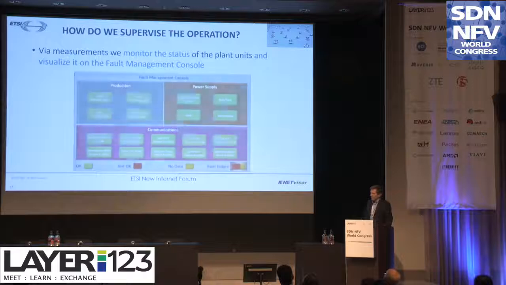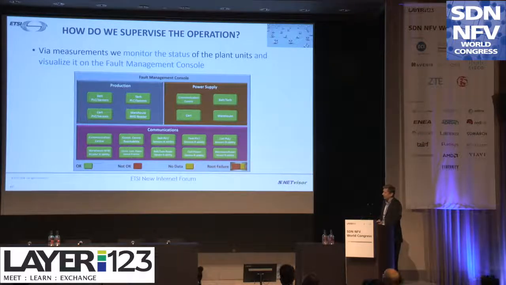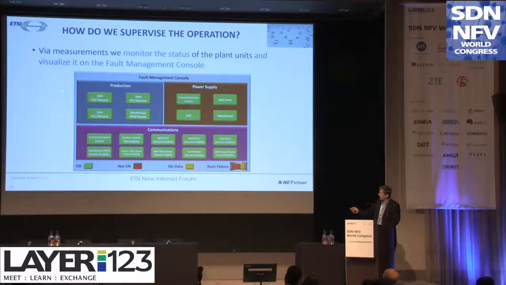How do we supervise the operation? Basically via measurements coming from our PVSR tool. We monitor the status of the plant unit and visualize it on the fault management console. So this is the screen of the fault management console and it consists of three subsystems: the production, the power supply, and the communication subsystems.